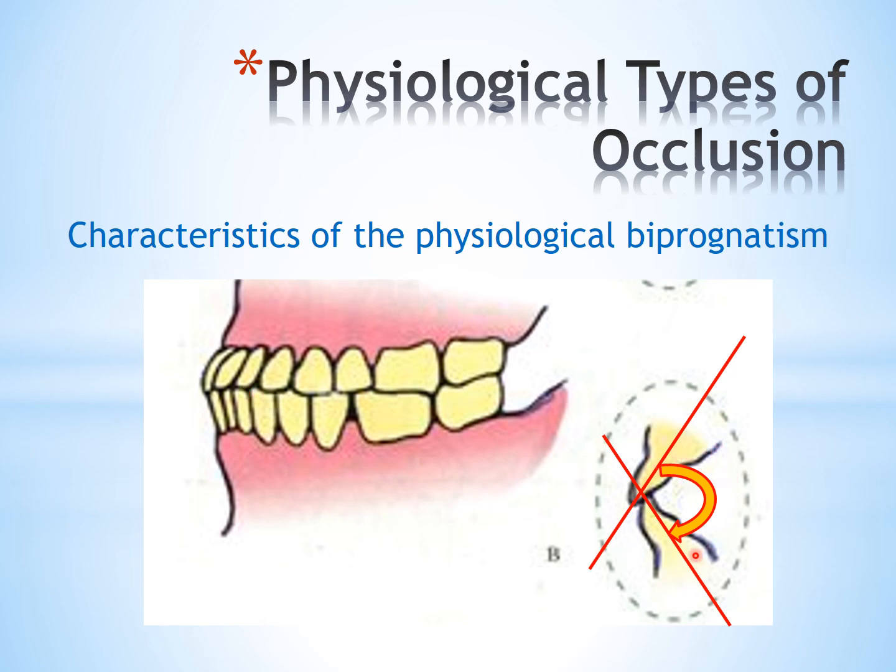And the interincisor angle is less than 120 degrees. The normal value of this angle is 130 degrees, plus minus 10 degrees. It means that this angle from 120 to 140 is normal.